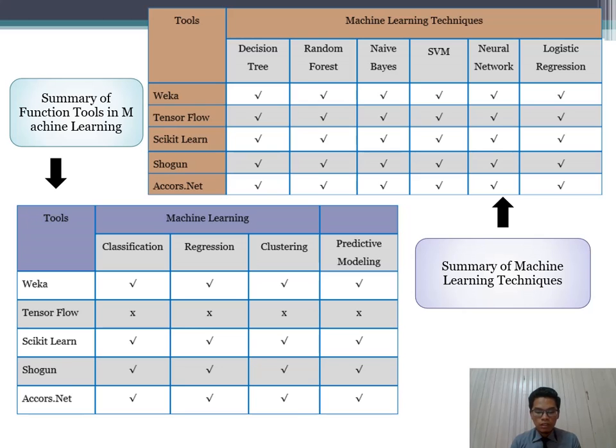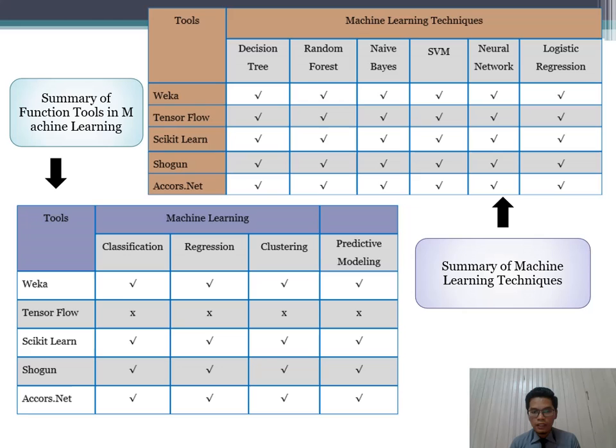This is because the study found that the feature of TensorFlow is to provide a library for data flow programming. Therefore, as a conclusion, this project will use the Weka machine learning tool.